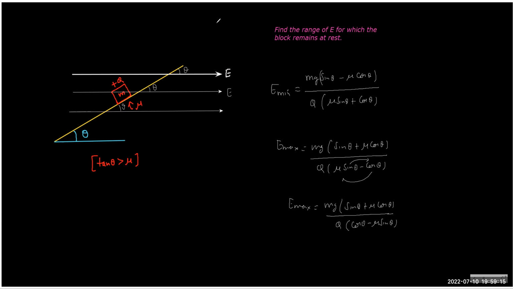Anybody else getting the same answer? Please confirm. Krish, Anu, tell me, guys. What is your answer then? Are you getting a different answer or you are not getting an answer? No, sir, I got a similar answer. Yeah, same answer.